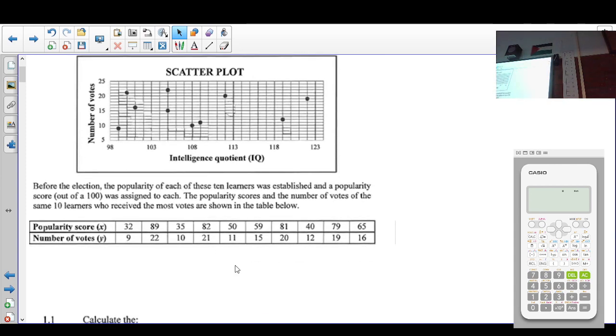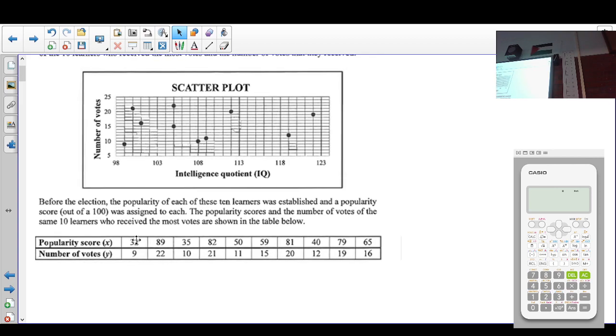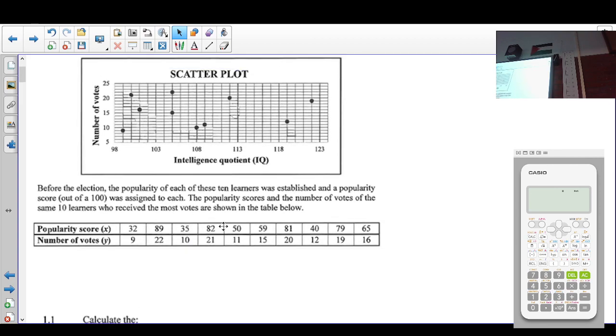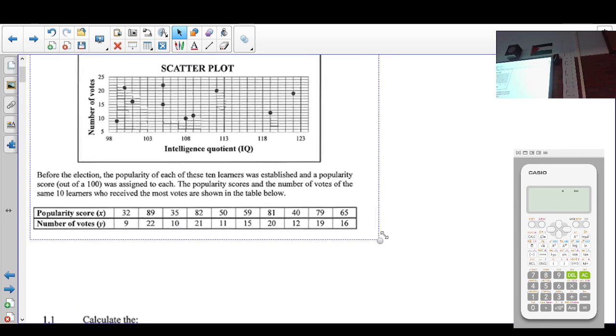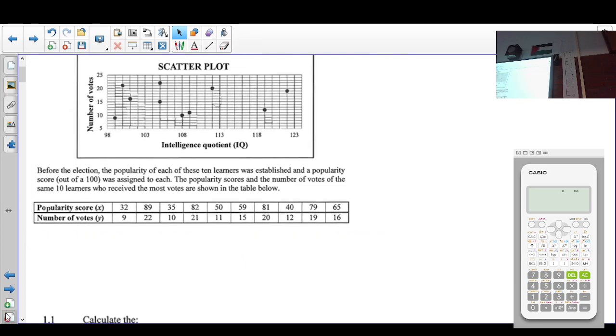We're given the scatter plot and the table of values that is linked to this. Before the election, the popularity of each of these 10 learners was established and a popularity score of 100 was assigned to each. The popularity score and the number of votes of the same 10 learners are shown in the table below.